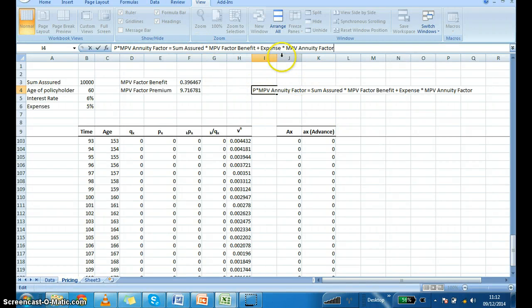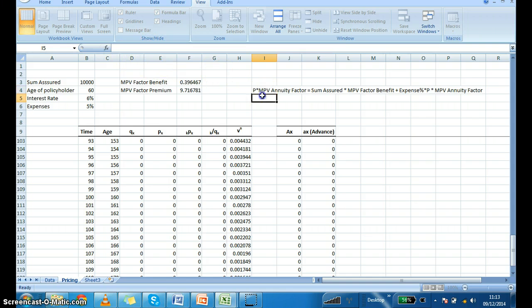Also remember that this expense we can write as expense percentage times premium, P times that. So in this equation we have P times the MPV annuity factor on this side, and P times the MPV annuity factor on this side. Using fundamental mathematics, we can bring all of this to one side of the equation so that we can factor out the P.